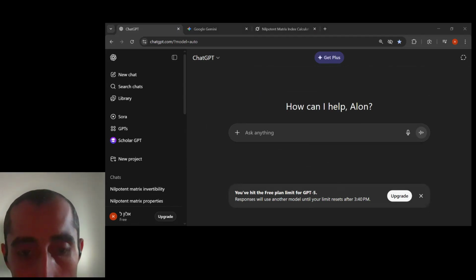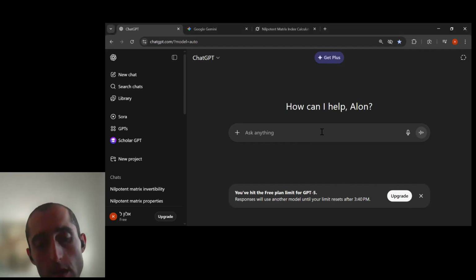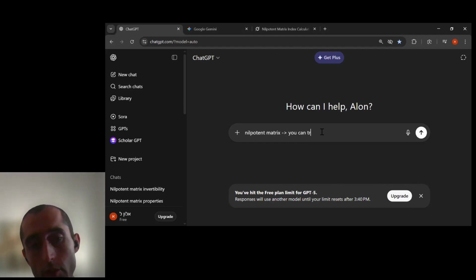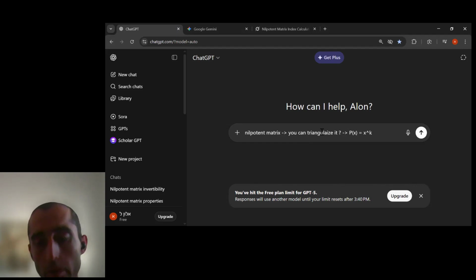So the next thing we want to talk about for a nilpotent matrix is that you can triangularize it. I mean, there is a triangular form for a nilpotent matrix. And why is this? Remember that the characteristic polynomial, let's call it P of x, is x to the power of k, for k the order of the matrix.